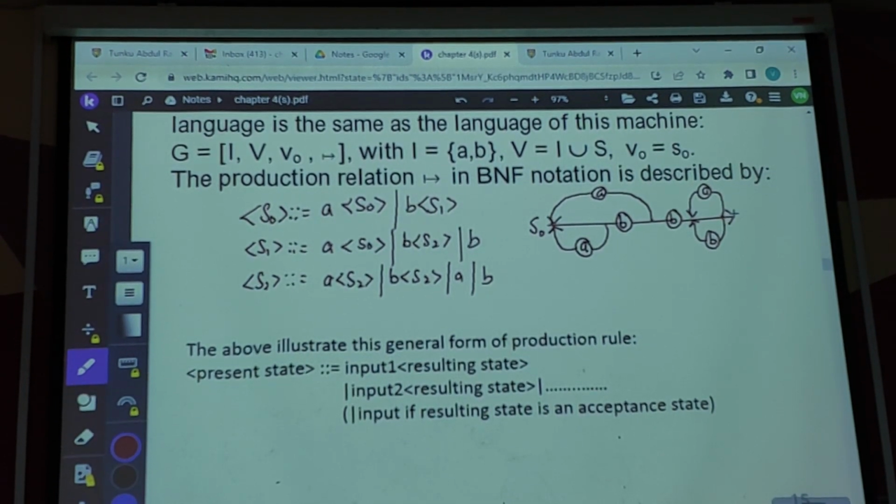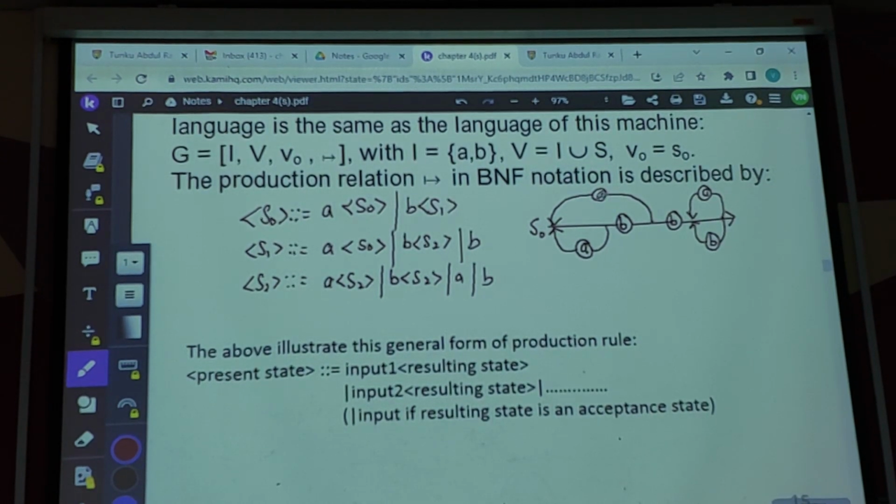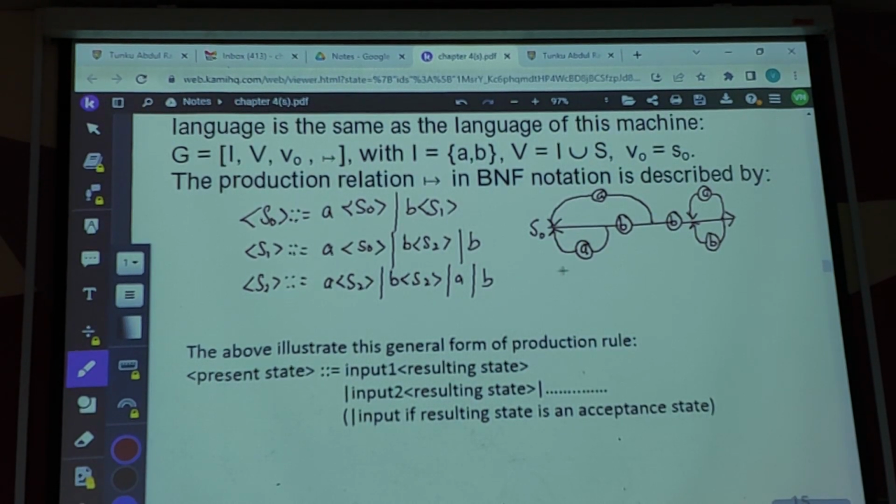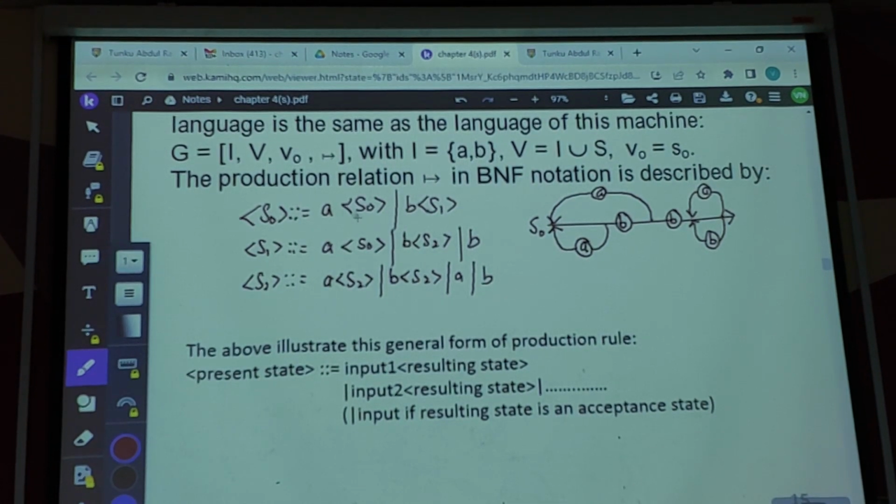Maybe some of you can have different ways to draw. If you want to share the A here, then you don't need to draw two. You can have a loop back here and then join the A here. Then it will go back to S0 also. Depends on yourself how you want to draw the master diagram. You already know this is the non-terminal, so you put the input only.